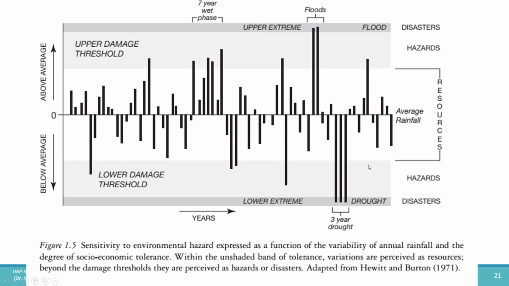But if the rain is too much every year, that might cause a wet period. If we put a certain threshold, and the rainfall exceeds that limit, it will be termed a flood. So this flood is occurring, and this is the return period. It has returned after so many years.